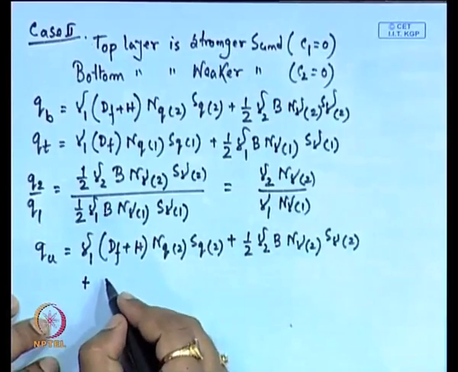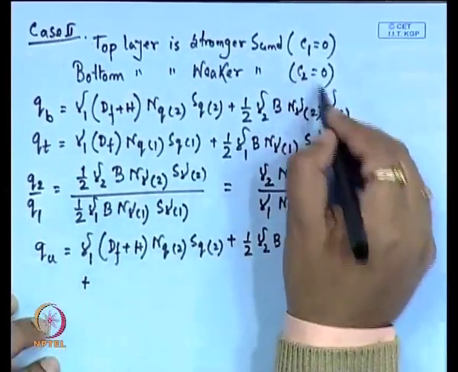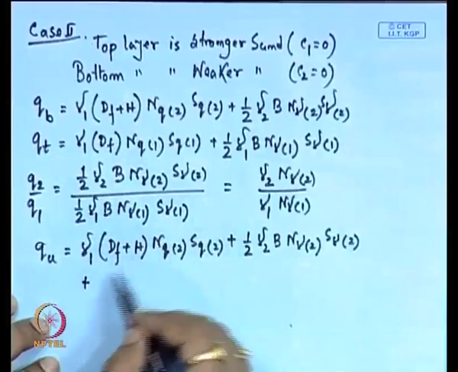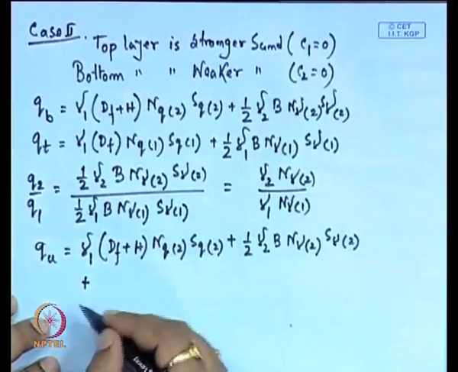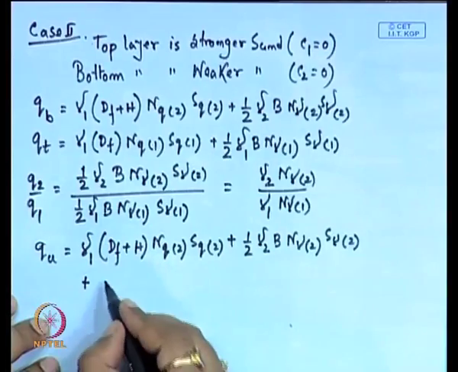Here C is 0, so in the general expression the C term is also 0 and that part is gone.